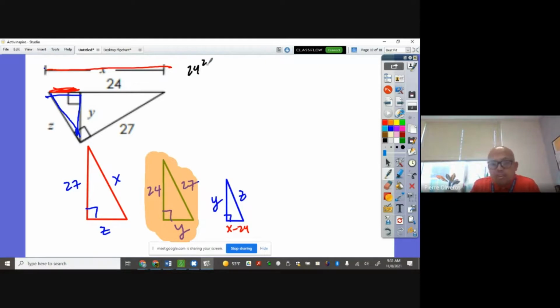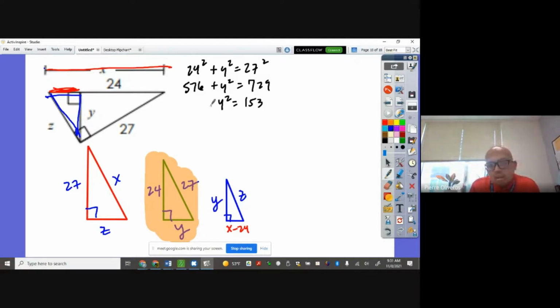So we know 24 squared plus y squared is equal to 27 squared. And that will give us 24 times 24 is 576 plus y squared, and 27 times 27 is 729. Subtract that 576, that gives us 153.